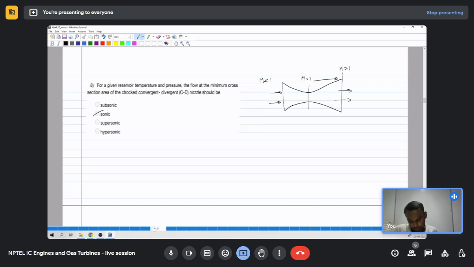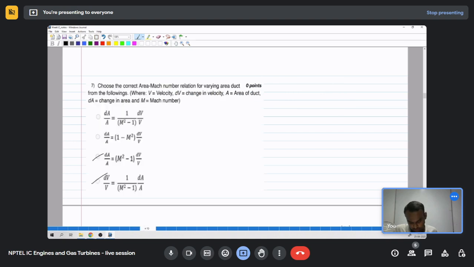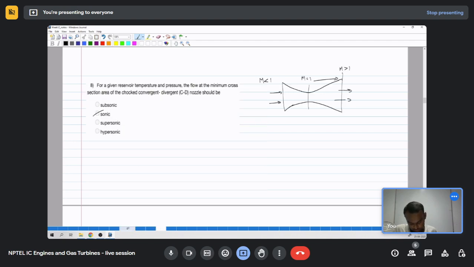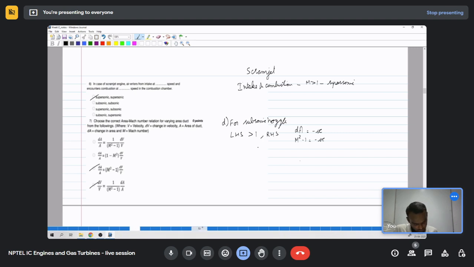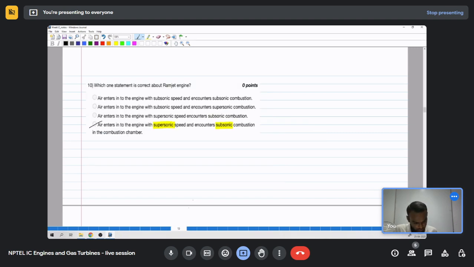We saw earlier for the scramjet, which is actually called supersonic combustion ramjet.